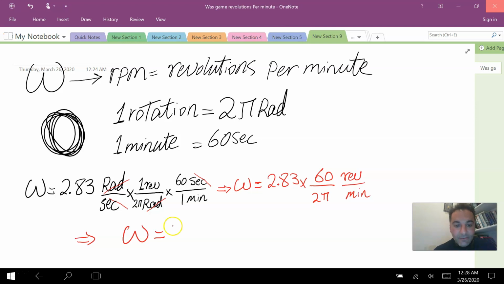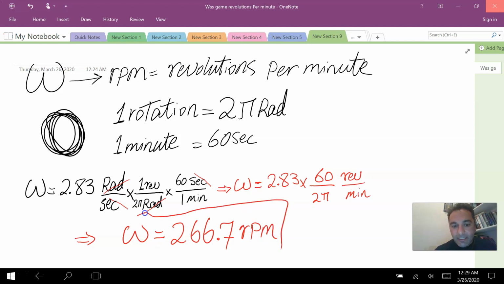The answer is 266.7 RPM. You will write here RPM. That means it's a very big number. That means this ball rotates 266 rotations or revolutions in 1 minute.